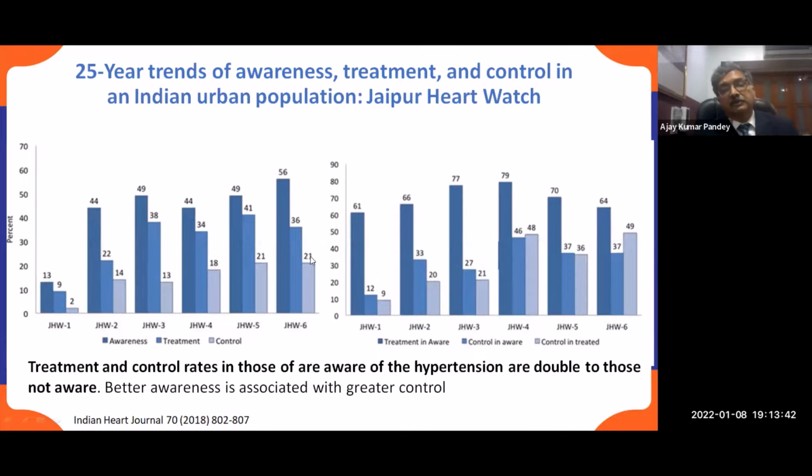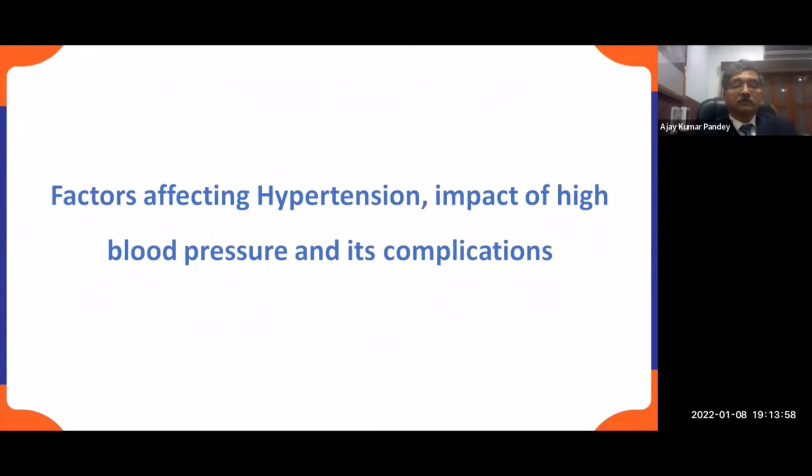So you can understand that half of the persons who are aware of hypertension did not have good control even despite treatment. So the most important thing is awareness, but awareness alone is not going to give good control. Good control is also important for all of us.